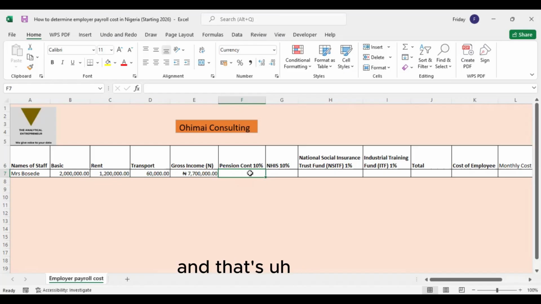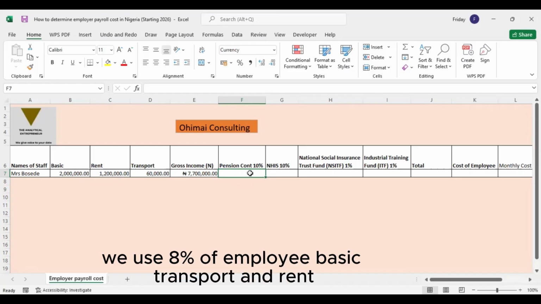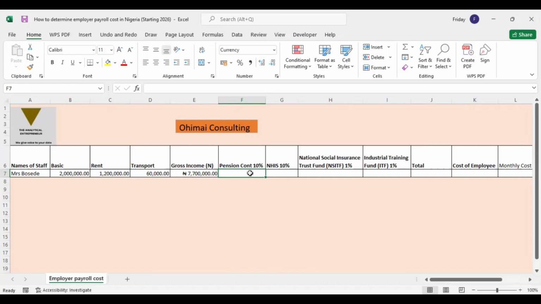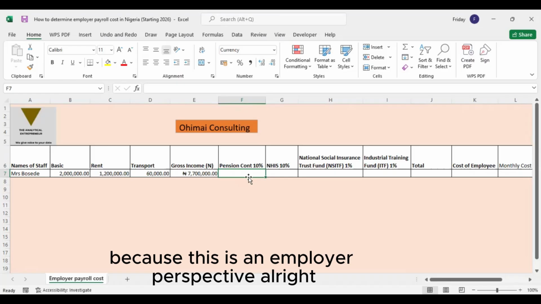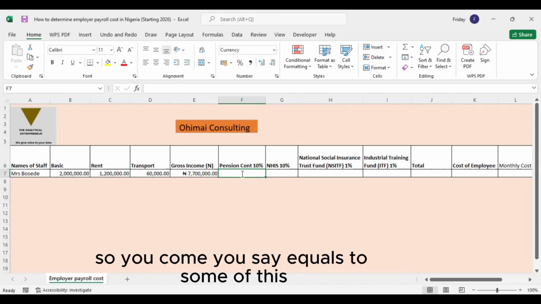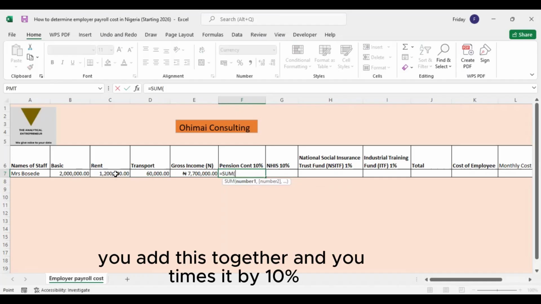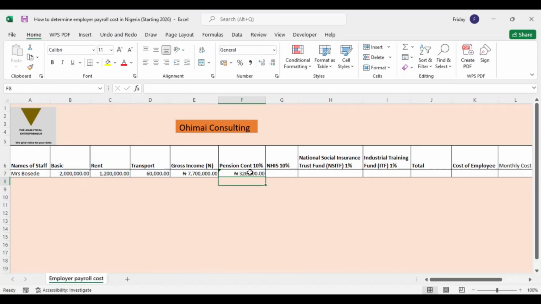There, we used 8% of the employee's basic, transport, and rent. For this one, we are using 10% because this is the employer perspective. So you say equals the sum of these, you add them together, and you multiply by 10%. That is it.